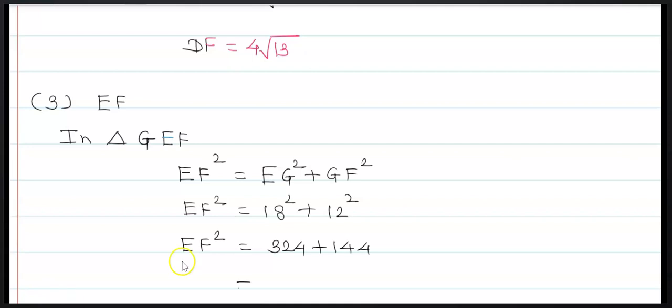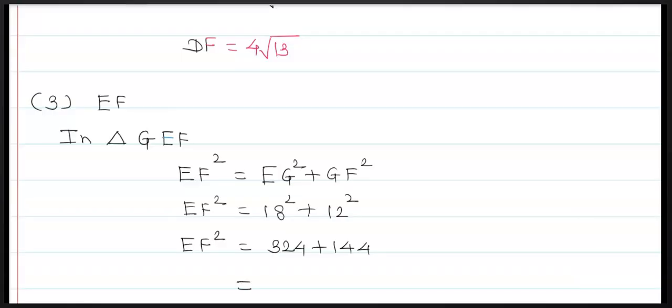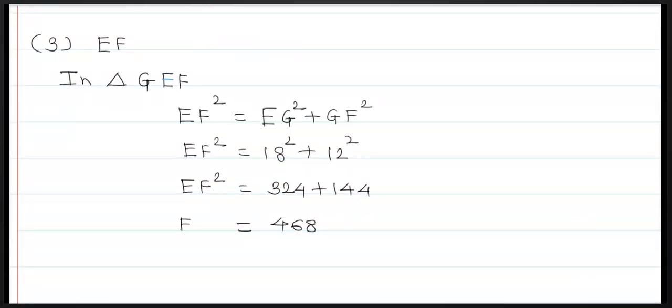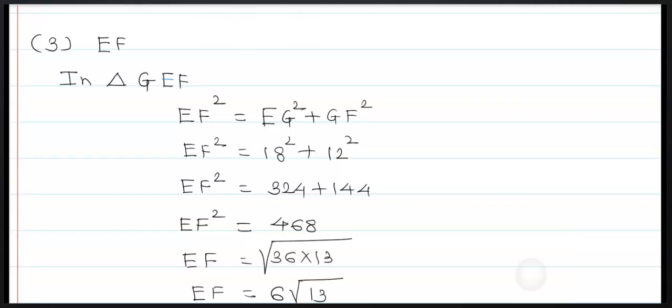This is equal to 18 square plus 12 square, 324 plus 144, that is equal to 468. EF is root of 468, that is 36 into 13, which is 6 root of 13.